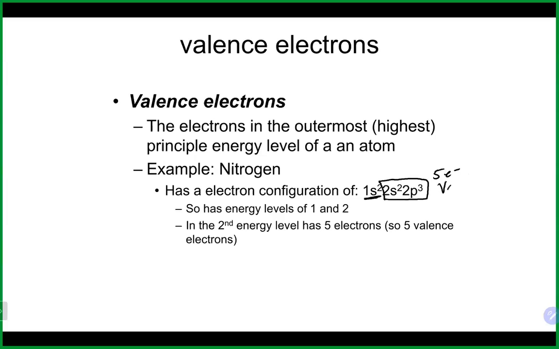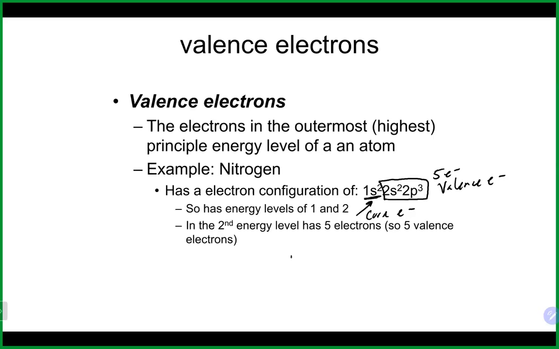Those are valence electrons. The lower energy level electrons are sometimes referred to as core electrons. They are not involved in bonding because they're close to the nucleus and held tightly, so they're going nowhere. So it's really only the valence electrons that are definitely involved in bonding.